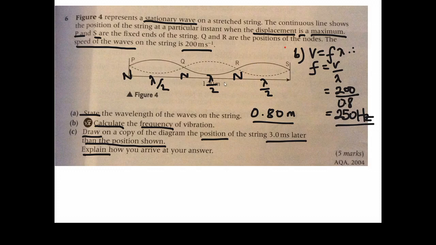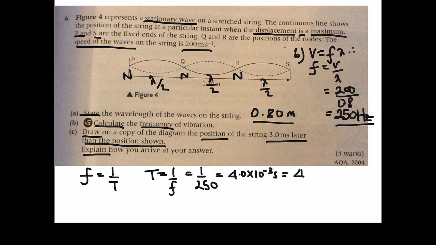If we know what the frequency is, we can apply the formula f equals 1 over T. Rearrange it, or if you're already at T equals 1 over f, then that's even better. So we get 1 over 250, which gives us 4.0 times 10 to the minus 3 seconds, which is equal to 4.0 milliseconds.